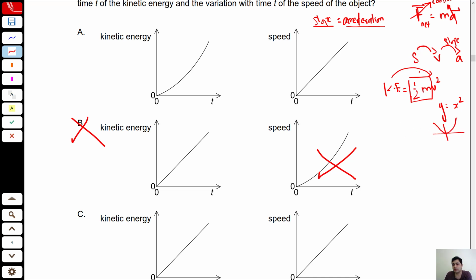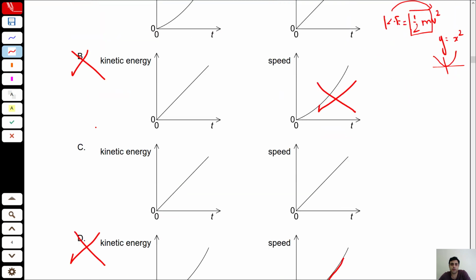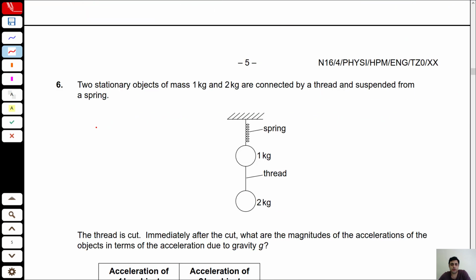The kinetic energy is proportional to the square of velocity, so it's not going to be linear anymore. It's going to increase at a much faster rate, at a rate of square. So it's going to be like a quadratically increasing graph. That is why we will choose A, because kinetic energy depends on the square of velocity, which gives us a quadratically increasing graph. Okay, so it's going to be A. Next question.